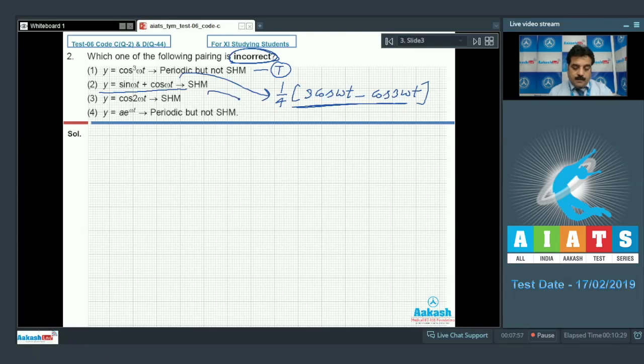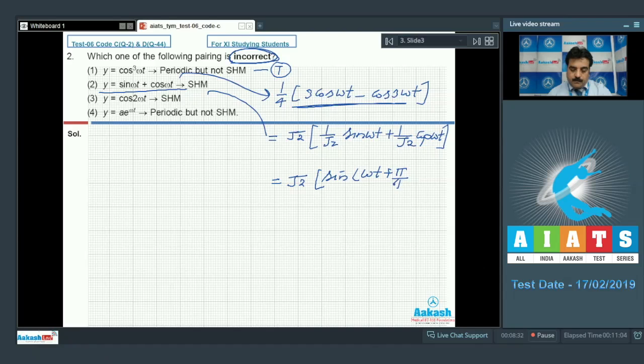And if I go for option number 2, first I will multiply it on both sides by root 2. So 1 upon root 2 sin omega t plus 1 upon root 2 cos omega t. So that will give you root 2 into sin omega t plus pi by 4.